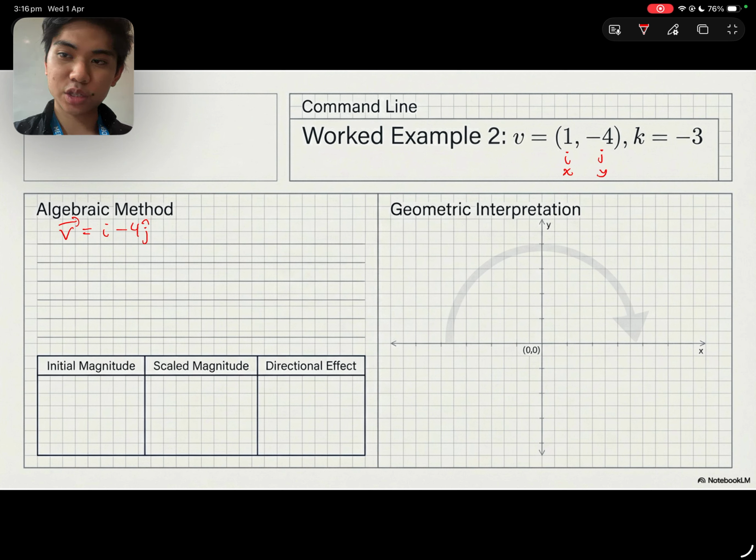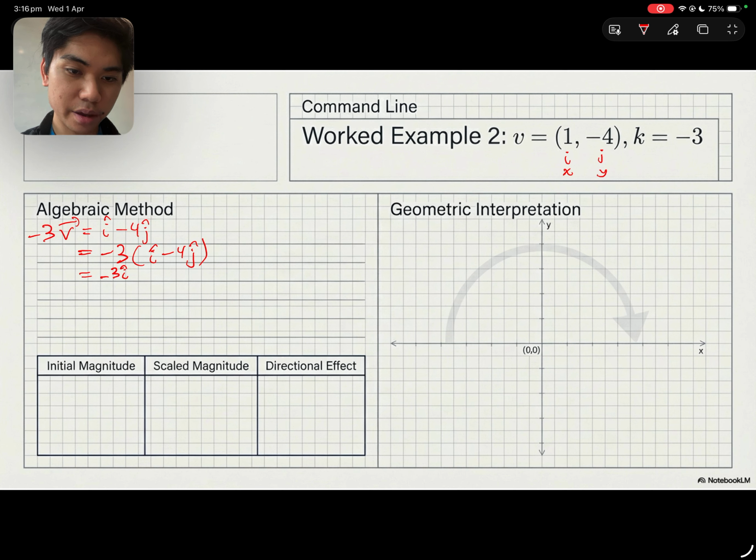So in this case, when we do -3, which is the scalar quantity we're multiplying by v, we're going to multiply each value in our original initial vector by -3. So that's going to give us -3i plus 12j.